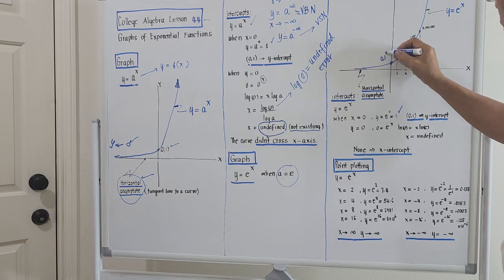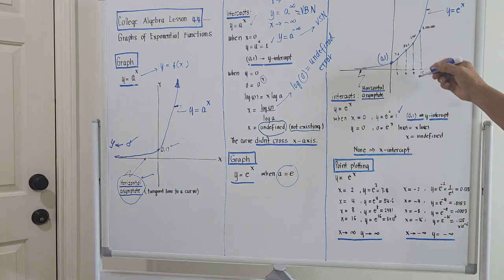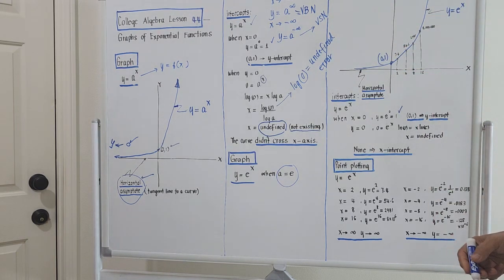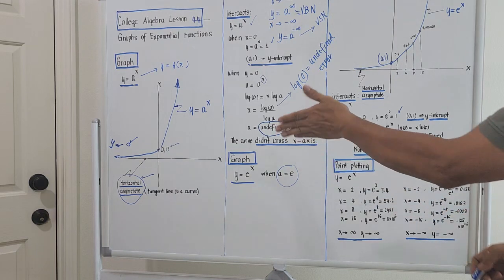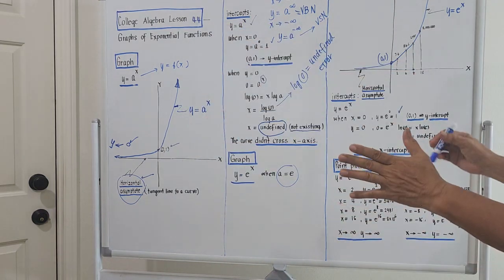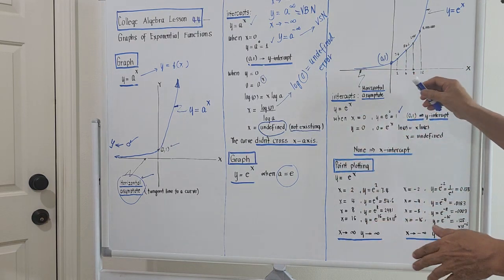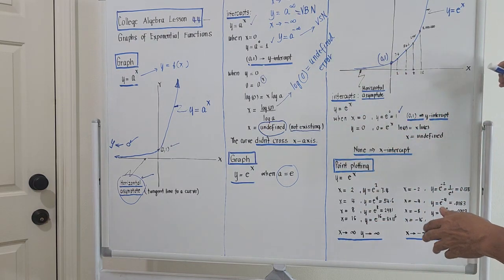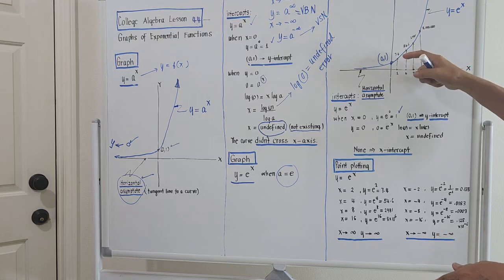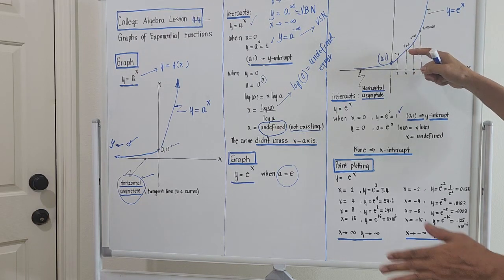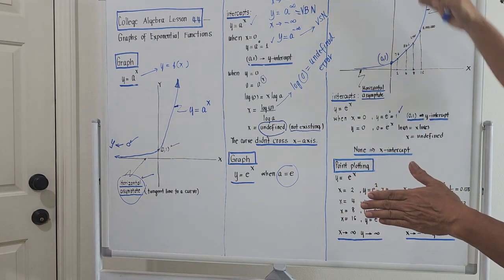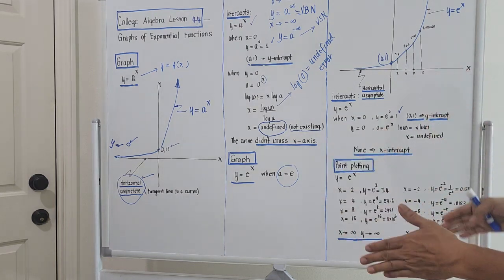And how do we know that this curve goes up? It is the same as the previous one, but I could show you that as x moves from 0 to the right, the value of y is going up very rapidly. It is something like this.